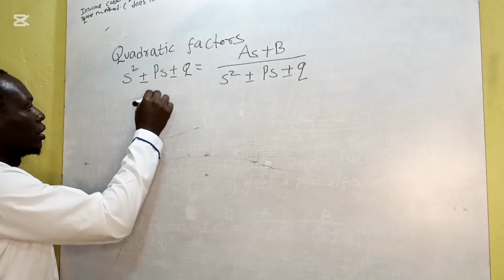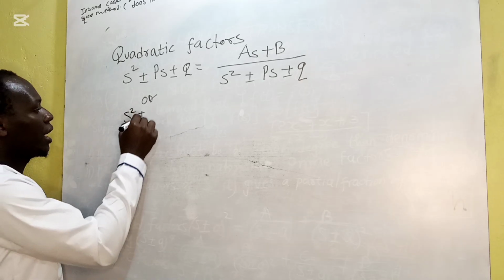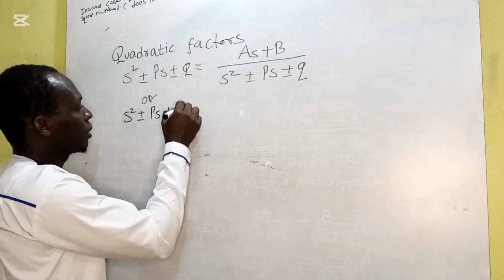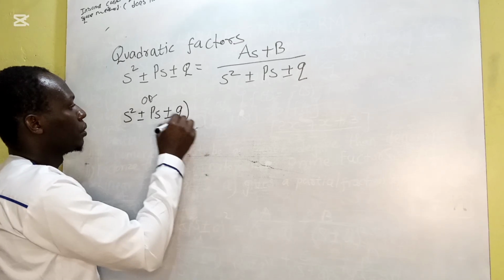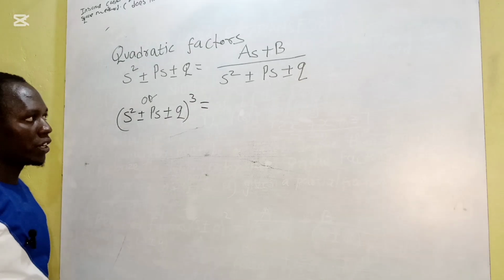Or in some instances you can be given s squared, we add or subtract ps, we add or subtract q, but here everything has been raised to a power of 3.